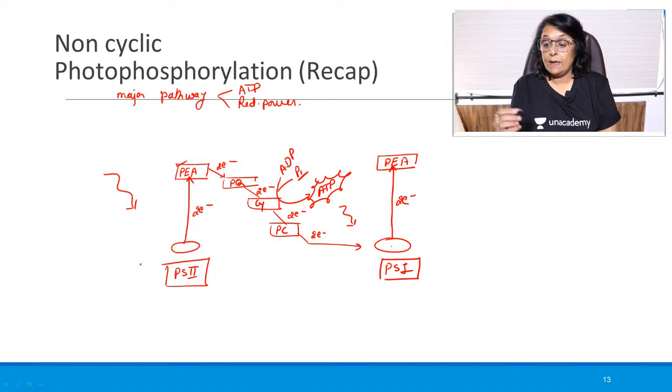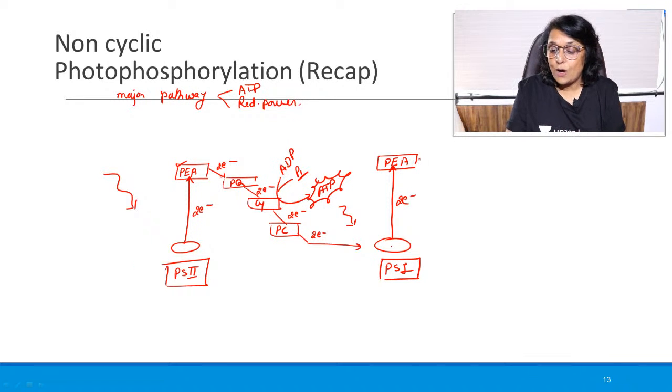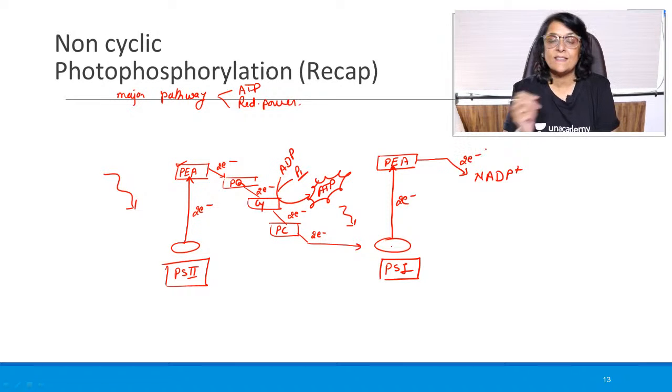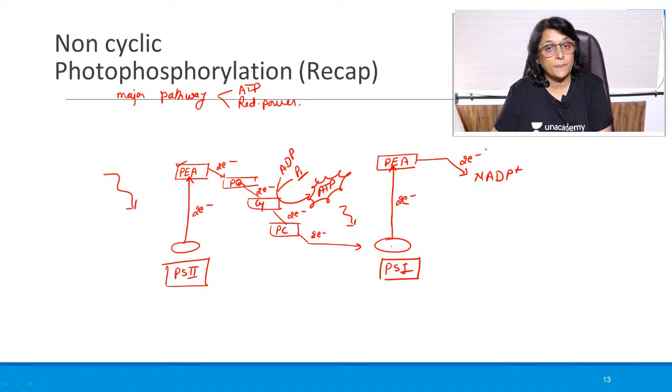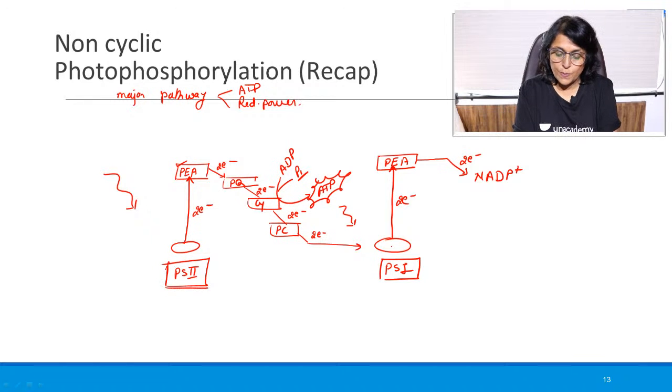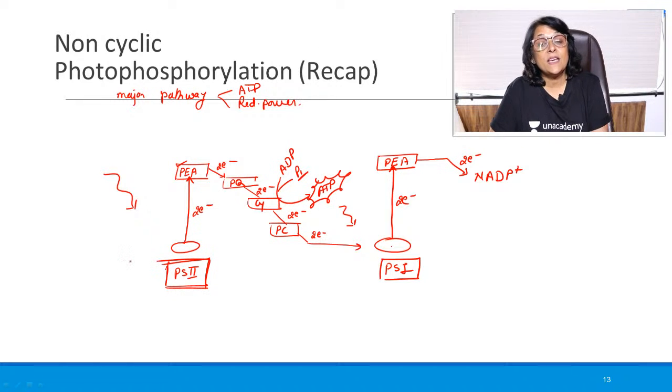So the electron now from PS1 and its primary electron acceptor is given to NADP. So this NADP has received the pair of electrons. Now let us come back to this PS2. This PS2 has lost a pair of electrons. And from where do you think this electron pair is coming?